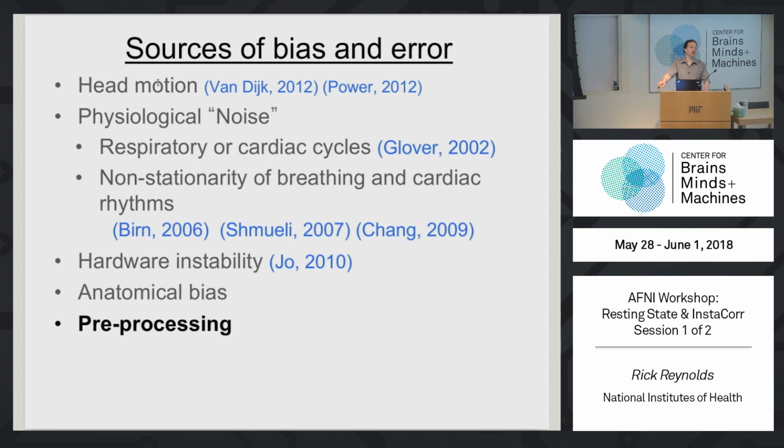That's a bit of a concern because even if you do censoring, you want to censor at comparable levels across your groups, but one group is moving much more. It's easy to get motion correlations in the result of that. So you just have to be careful, and again, as always, look closely at your data and see if you seem to be getting artifacts creeping in.